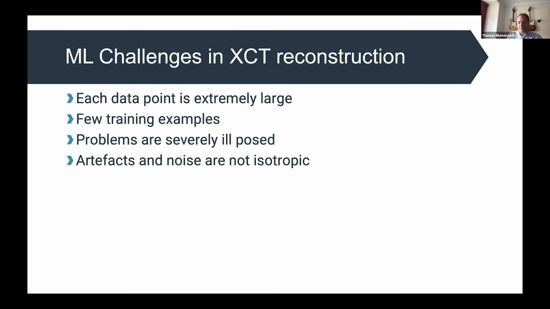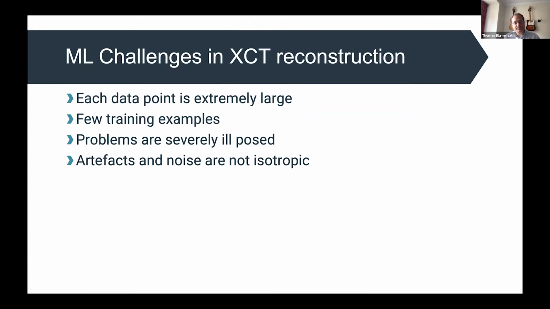All right, one of the tasks today is to look at what the big challenges in X-ray CT are and what machine learning can do for us. If we want to do machine learning with X-ray CT data, what are the main problems that came to my mind?